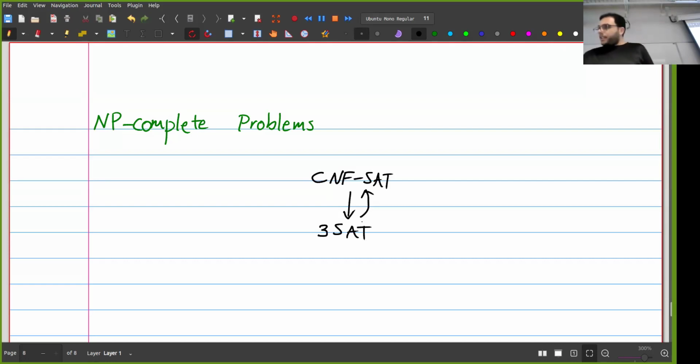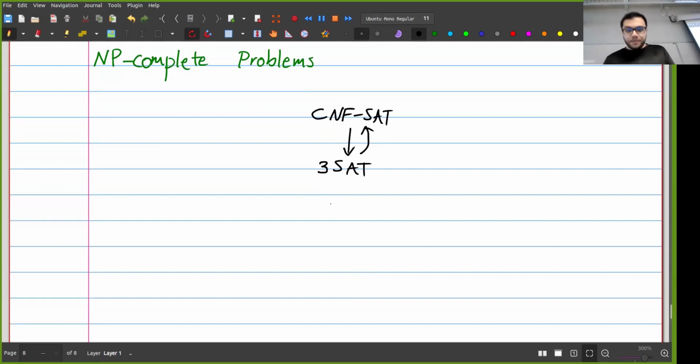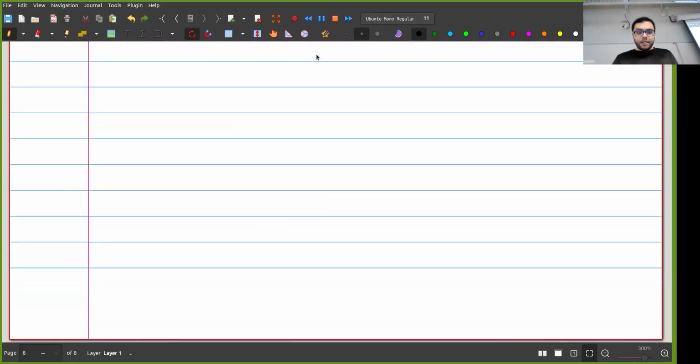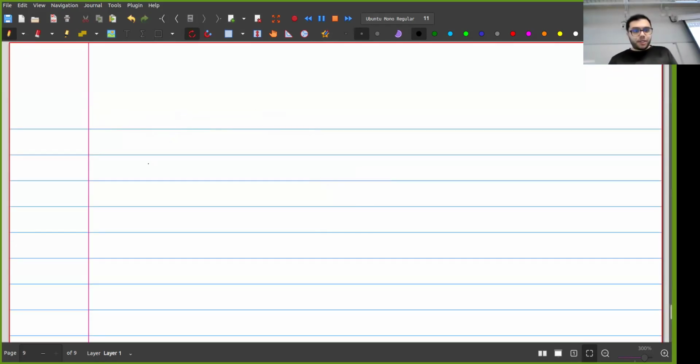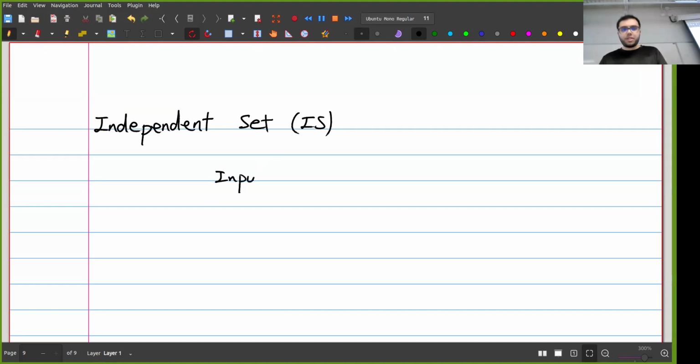The first problem we want to see today is independent sets. I want to find a reduction from 3SAT to independent sets. Let's actually define what this is. Independent sets, or IS, is a very simple problem. In the input, I'm going to give you a graph.